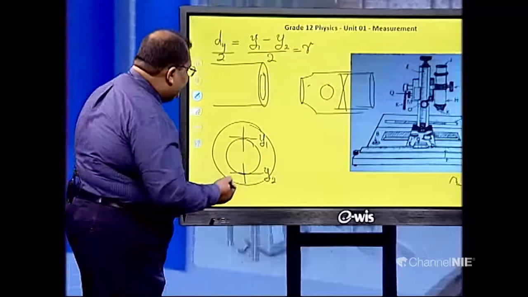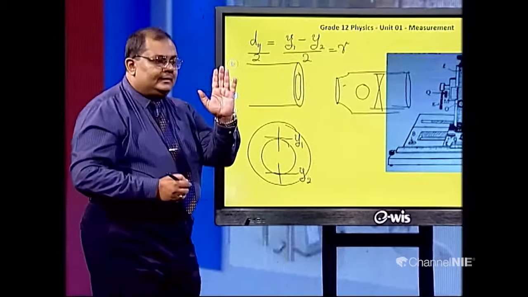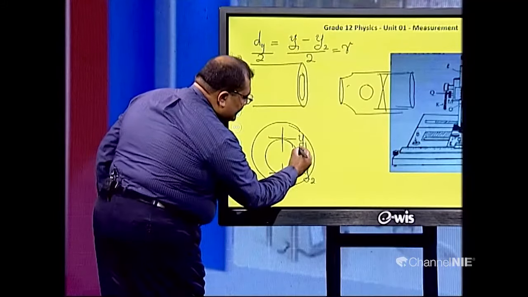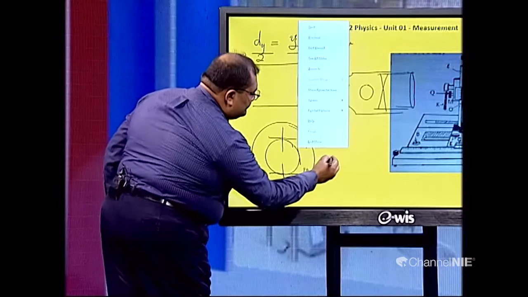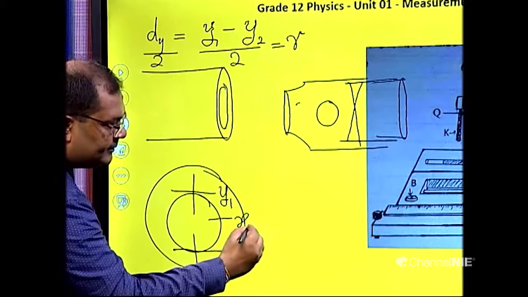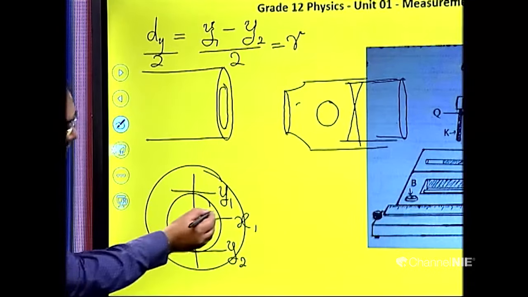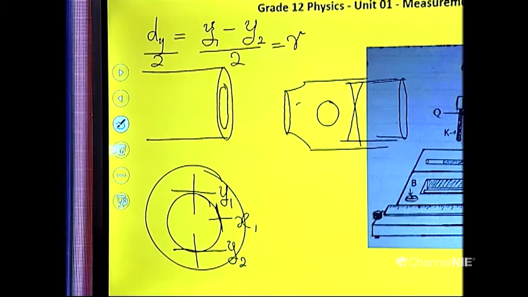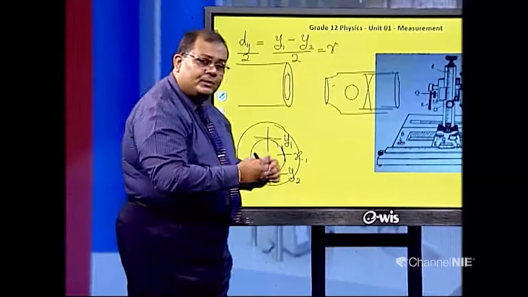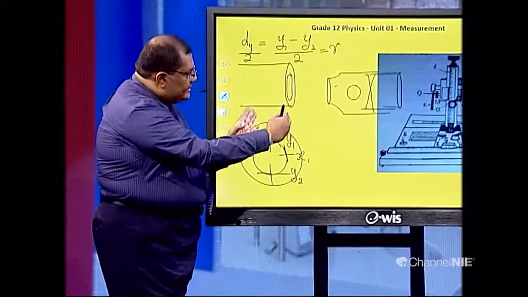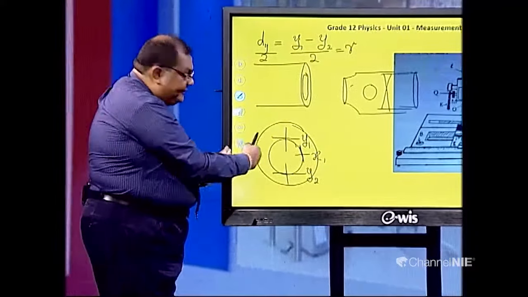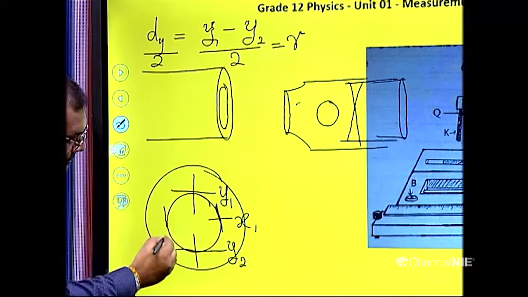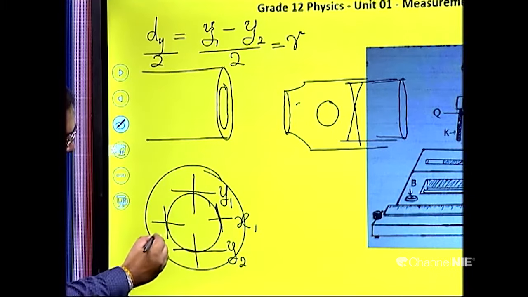Then take the first reading, x1, when the vertical and horizontal wires come to this edge, like this. The cross wires are here. After that, again rotate that fine adjusting screw until the microscope comes to the left edge. Then you can take this reading here, exactly x2.